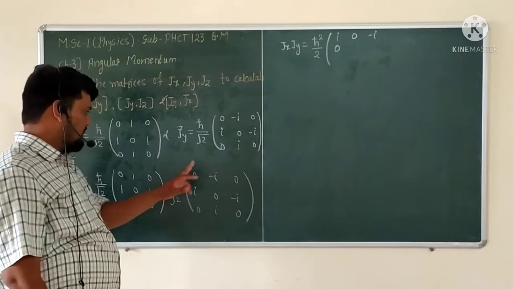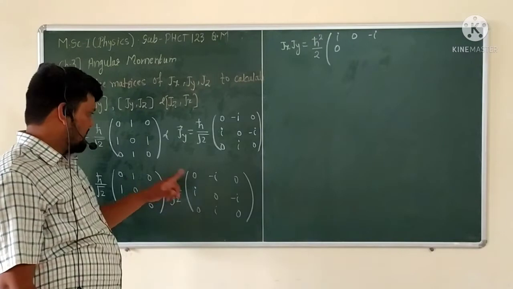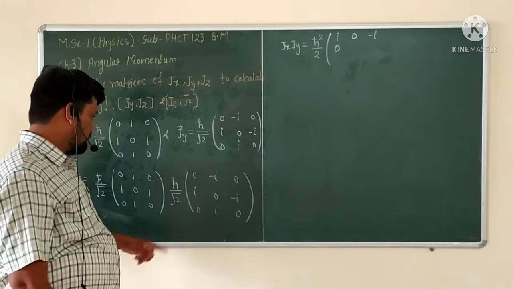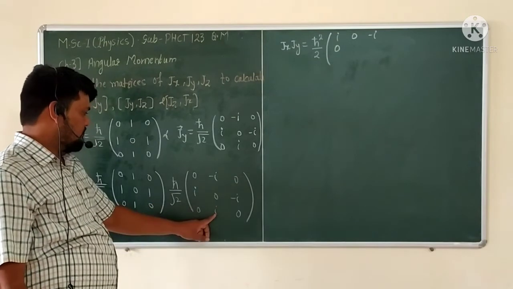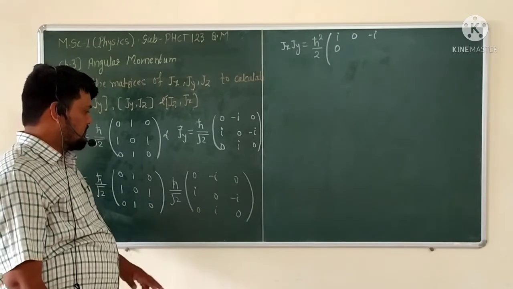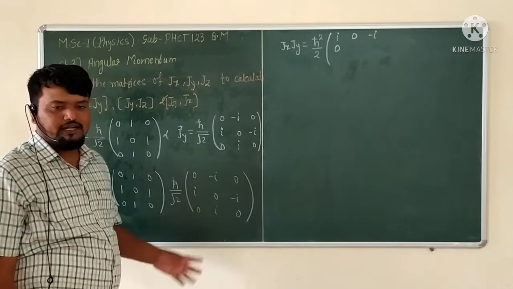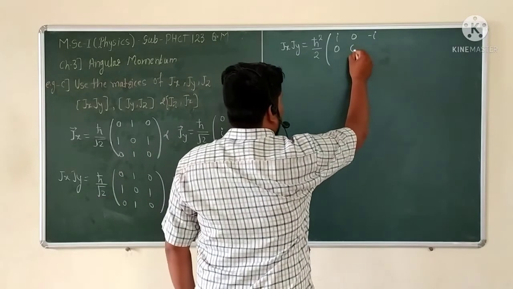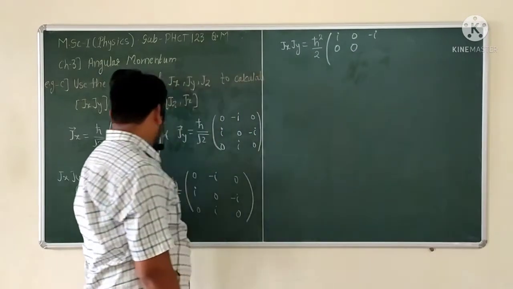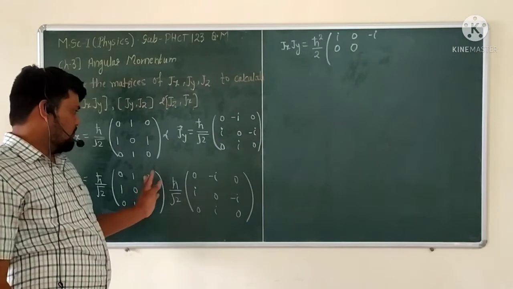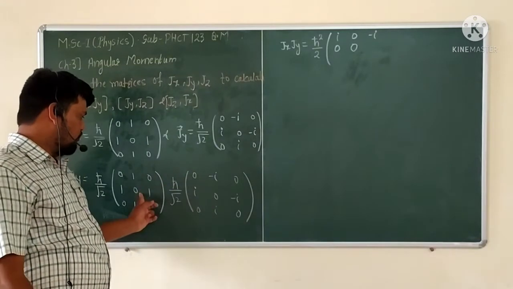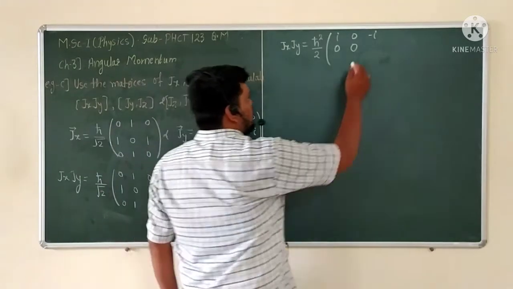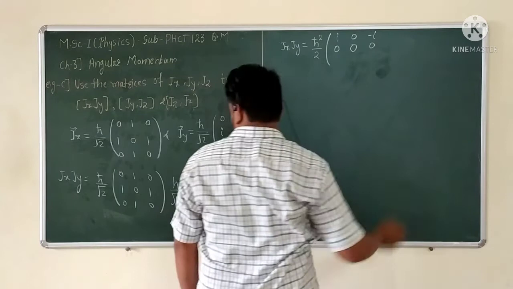Second row and second column: 1 multiplied by I, minus I, 0 is 0, and 1 multiplied by I is plus I. This minus I and plus I go to 0, so this element is also 0. Second row, third column: 1 multiplied by 0 is 0, 0 multiplied by minus I is 0, 0 multiplied by 0 is 0, so this is 0.